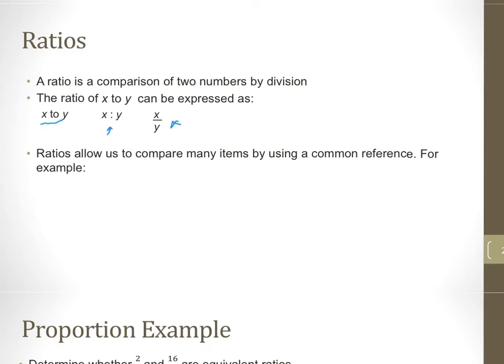The reason why we use ratios is a lot like putting a fraction over a common denominator in order to add them. If we're trying to add 2 over 5 plus 1, we would need to put 1 over a common denominator. We need to get it on the same level as the fraction in order to compare them, because as it is right now, you can't add these two.